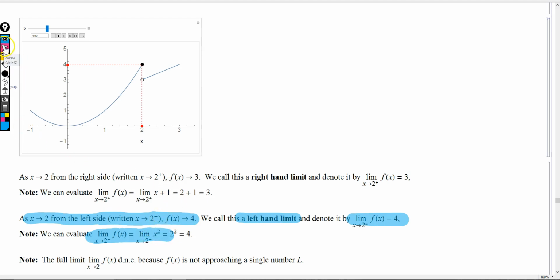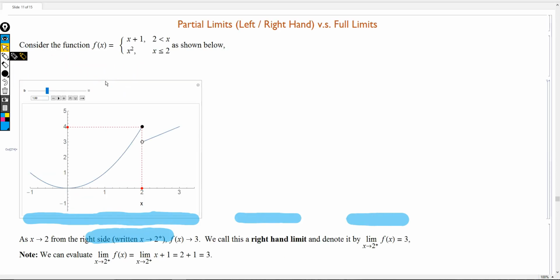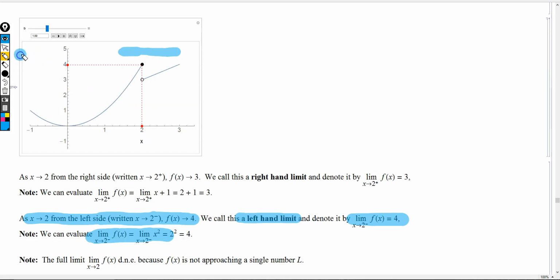Just look back up here at the way the function was defined. Notice how the function is supposed to be x squared when x is less than 2. So we can just substitute the x squared in for the f. Then we're just evaluating the limit as x is getting closer and closer to 2 from the left of x squared. Well, we can just put that 2 in for x, and we get 4.